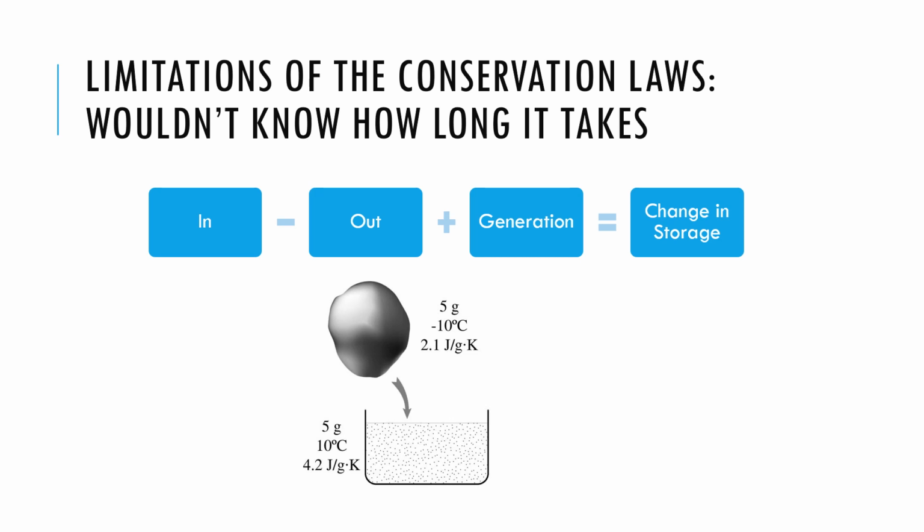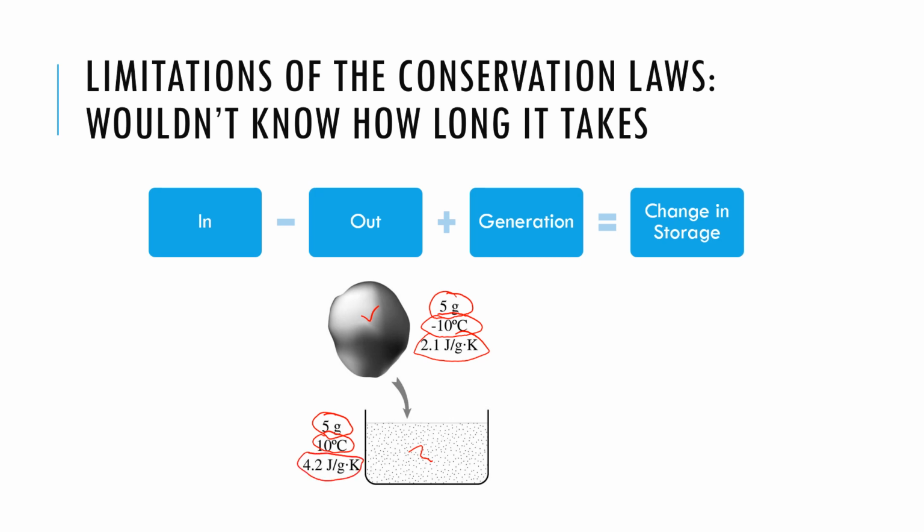Let's look at a very simple problem. We have a solid for which we know the mass, the initial temperature, and its specific heat, and then we put this solid in a liquid, and for the liquid we also know the mass and its temperature and everything.